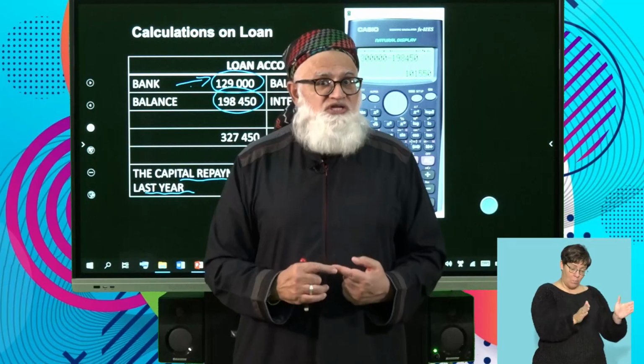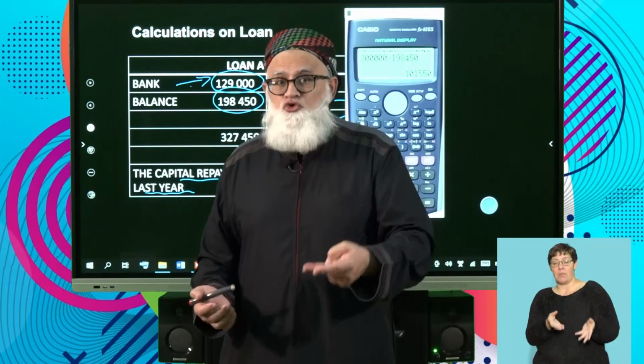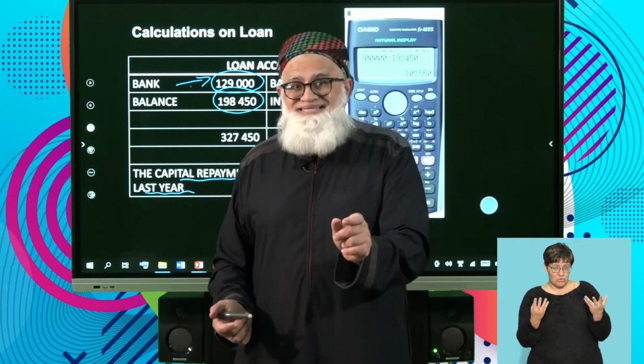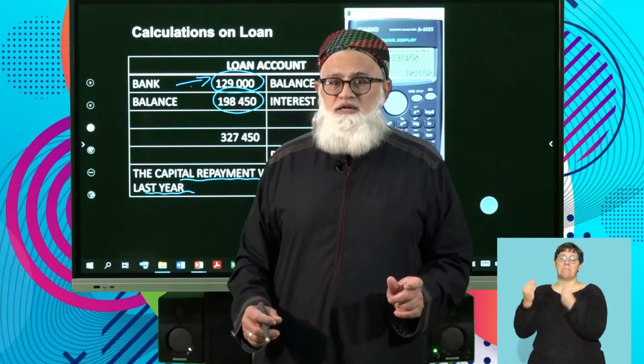So there's two ways of verifying the capital repayment. One, you compare your opening to your closing balance, if you have all the information. And number two, you could take your bank figure, your total payments, which has capital plus interest in it, minus your interest to give you your capital repayment.